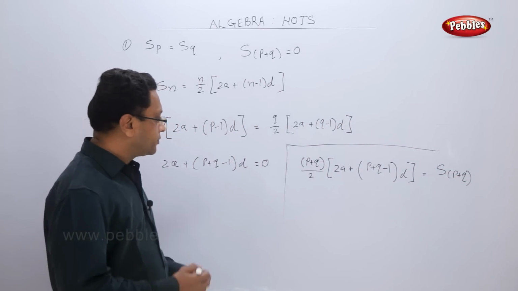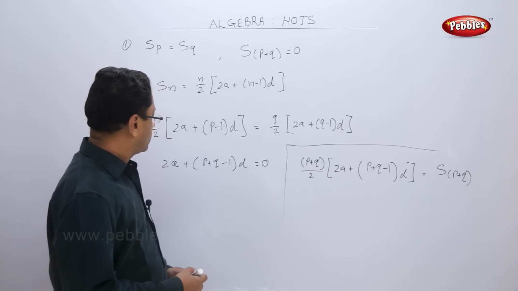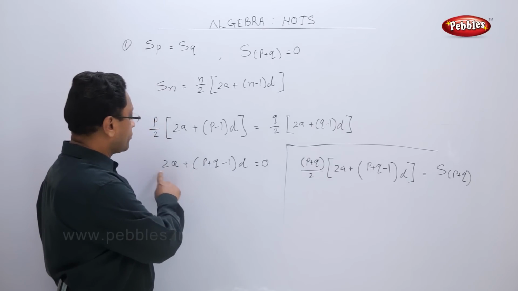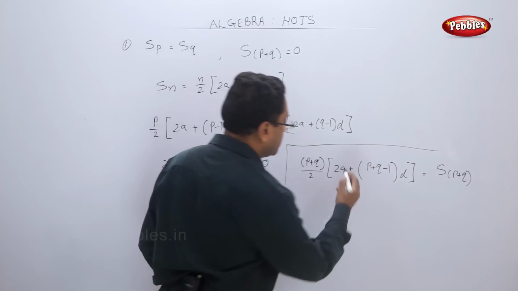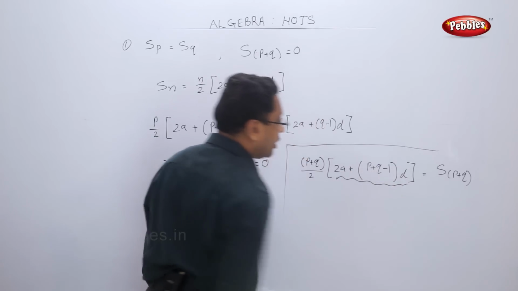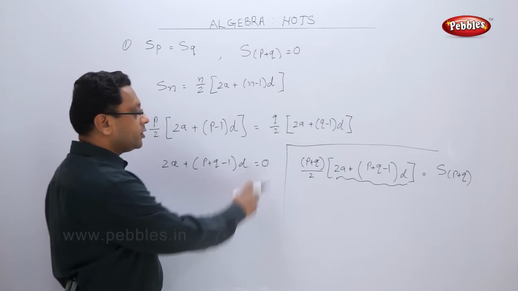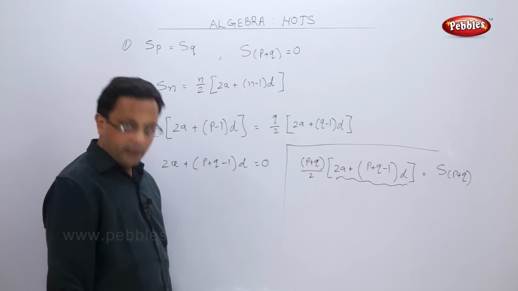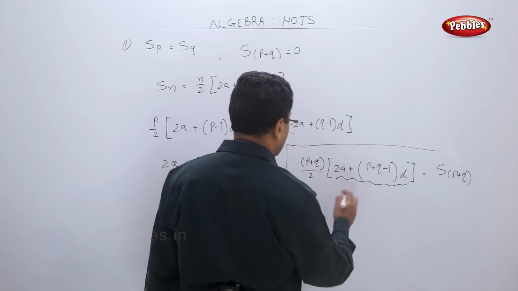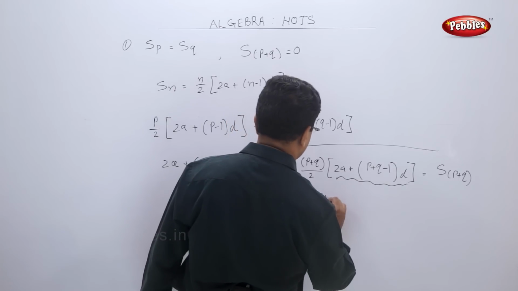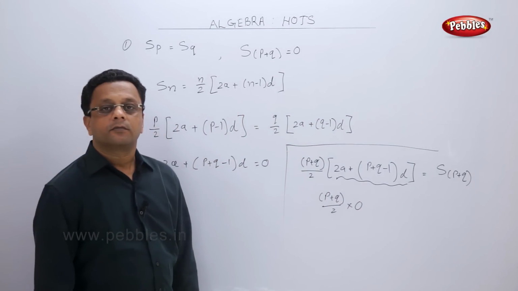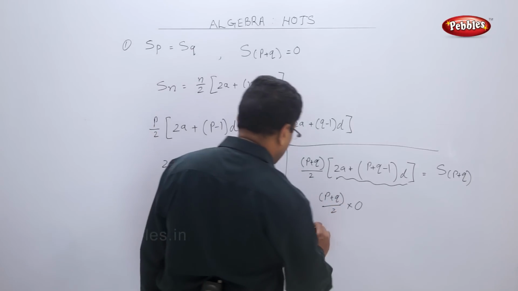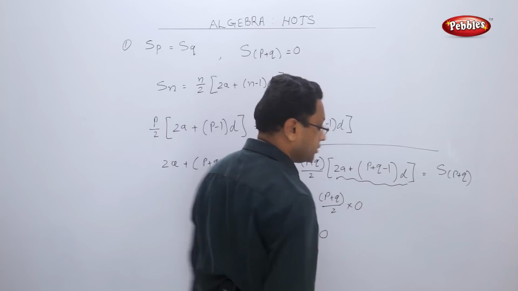Now we'll solve this. Can you see here? 2a plus p plus q minus 1 into d. That means this figure we have already found out is equal to 0. Right? So ultimately I have p plus q upon 2 into 0. And multiplying by 0, my answer is 0.